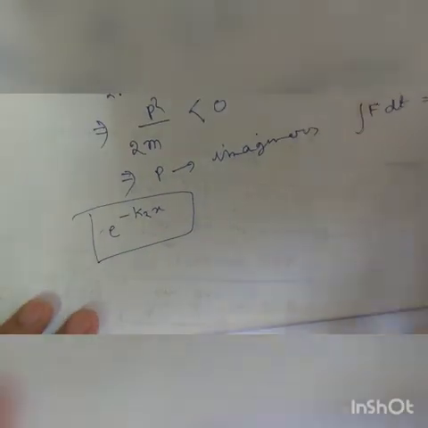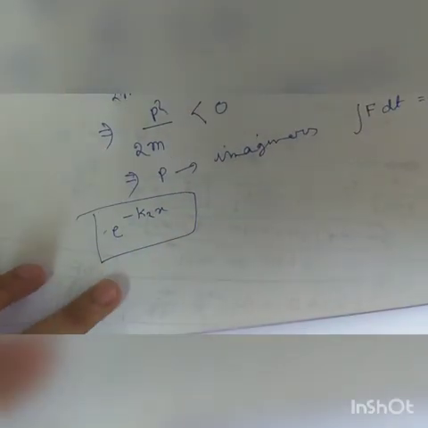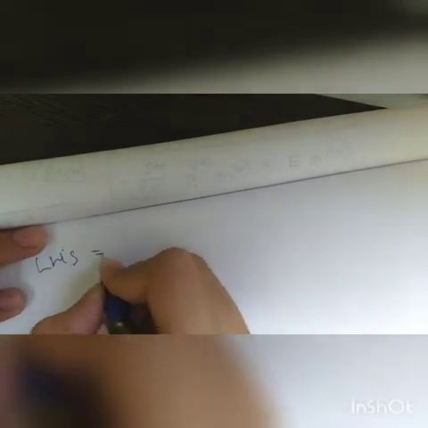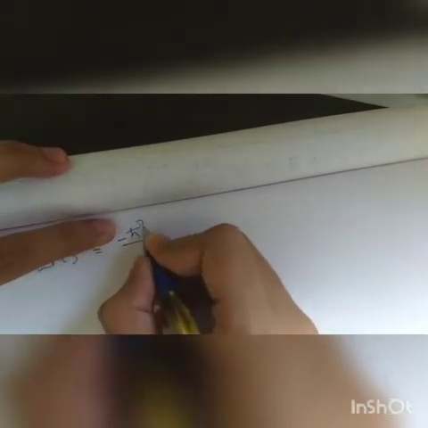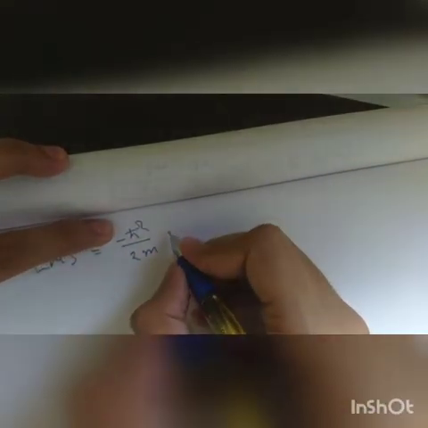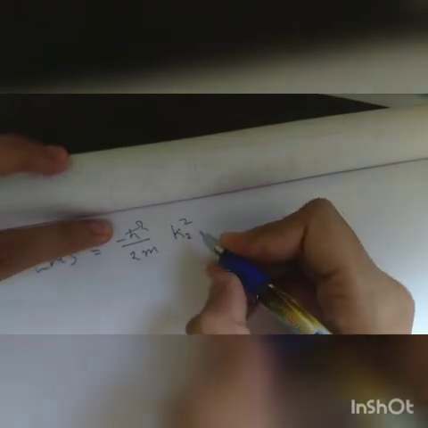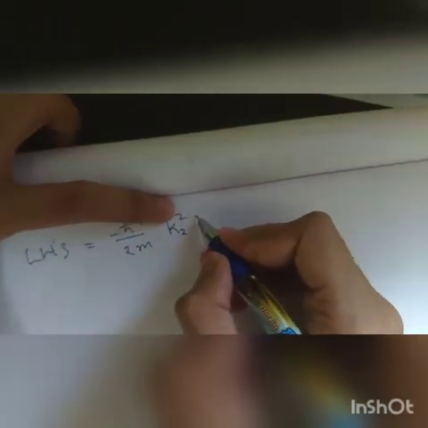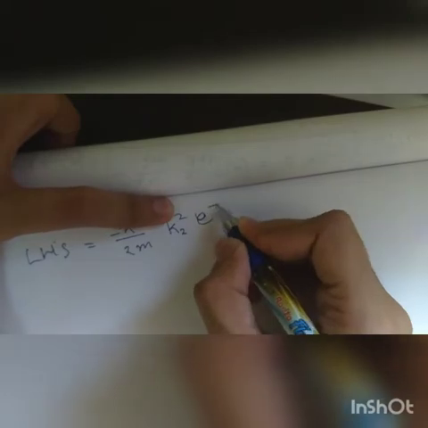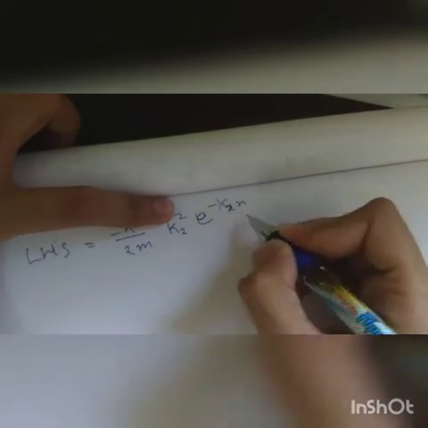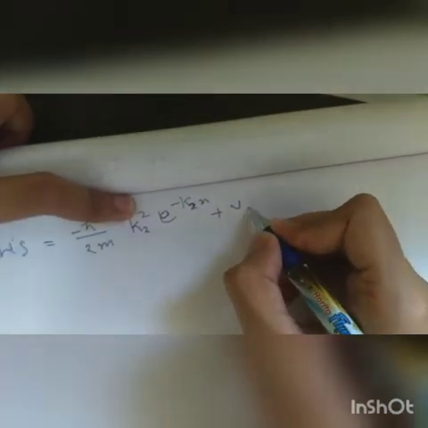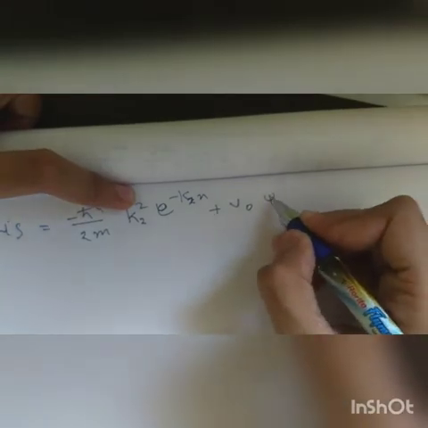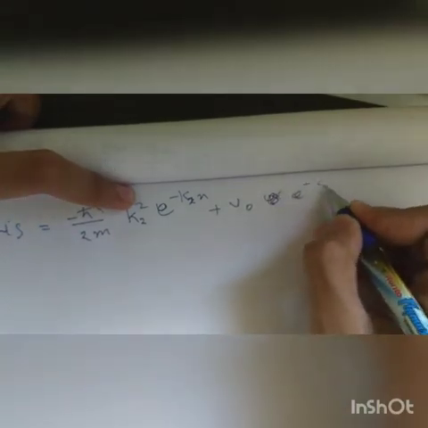Now let's see what happens if we substitute this in the wave equation. In the left hand side, it will be minus h bar square by twice m, and double differentiating it gives k2 square times e to the power minus k2 x, plus V0 psi x, which is e to the power minus k2 x.